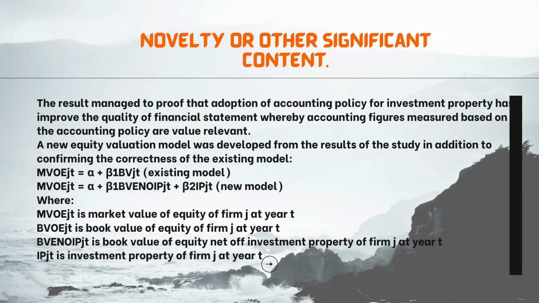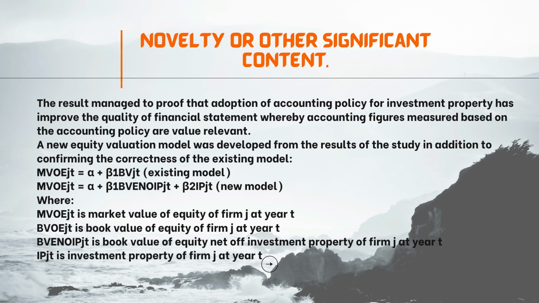Next, novelty. Novelty or other significant content of the study. The result managed to prove that adoption of accounting policy for investment property has improved the quality of financial statements, whereby accounting figures measured based on this accounting policy are value relevant. How is it improved?